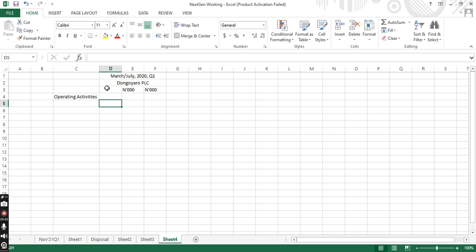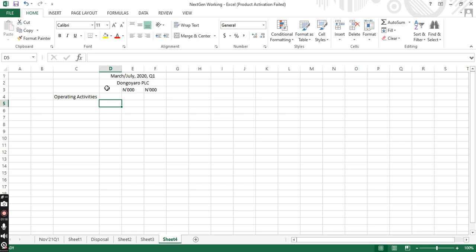Everything that has to do with your trading account, profit and loss account, your expenses, interest paid, tax paid. Now, tax paid is definitely in operating activities. Interest paid, you can put in operating activities, you can put in financing activities.